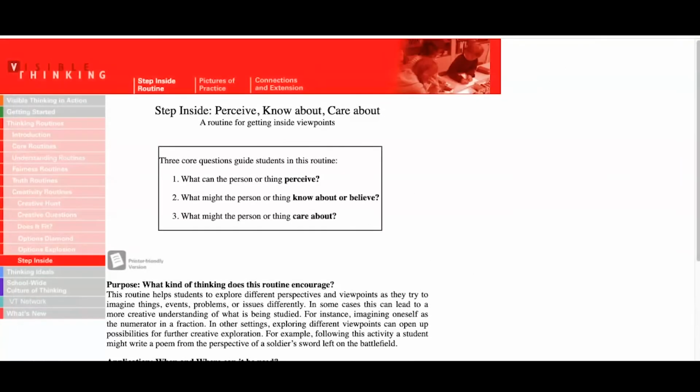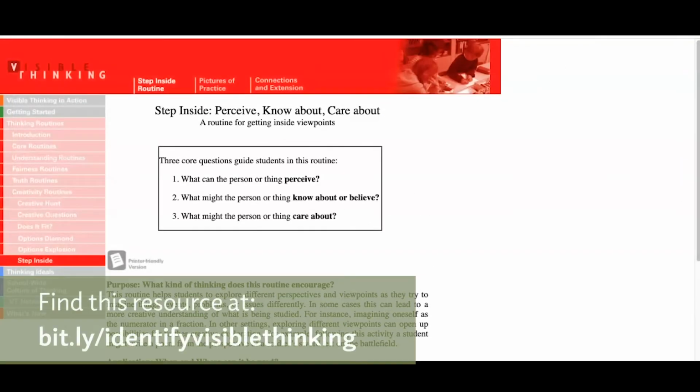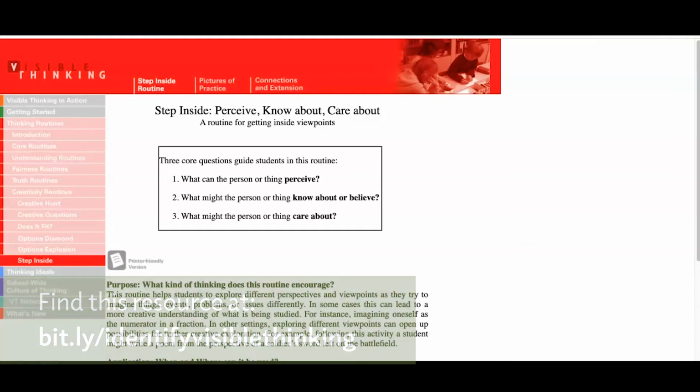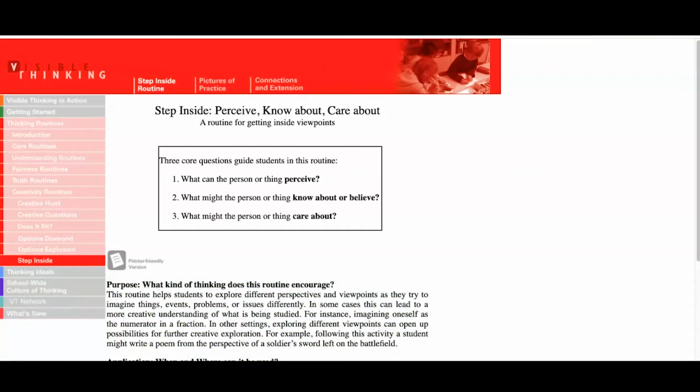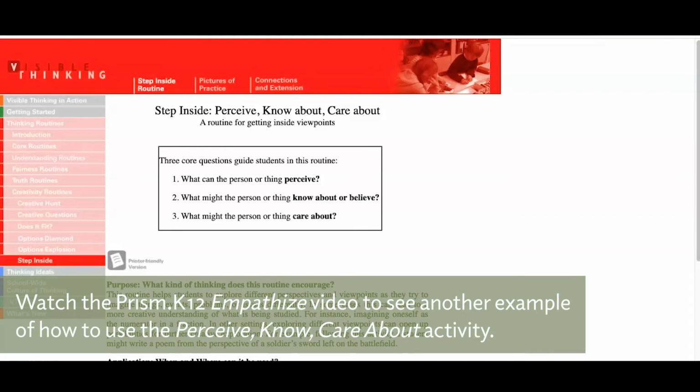Harvard's Project Zero is sort of a think tank in art education and, well, in education in general, but they've done a lot of research and created a lot of resources for making thinking visible. And so they have a number of routines that they call visible thinking routines.